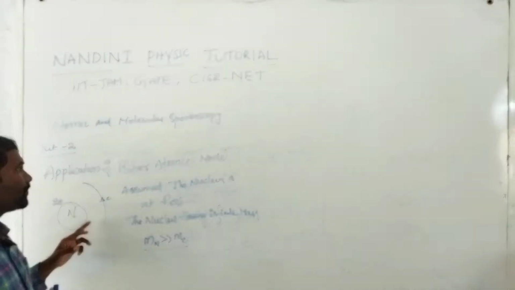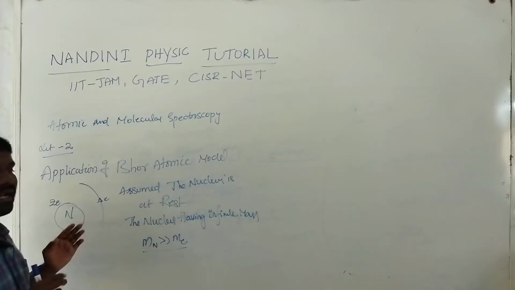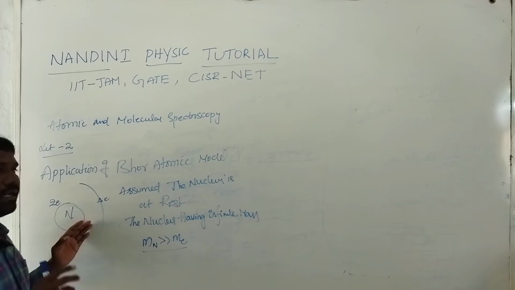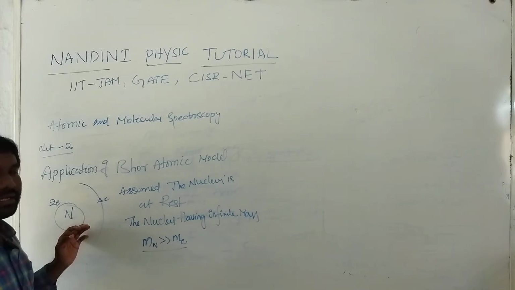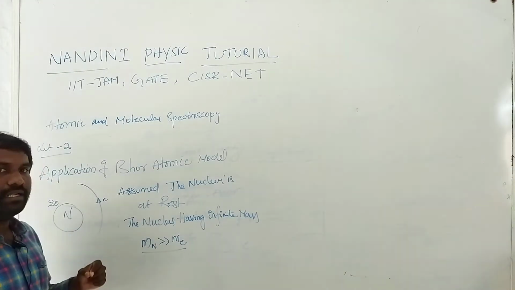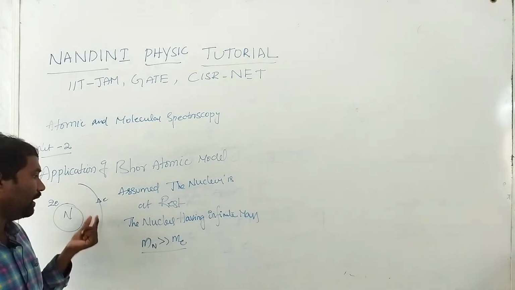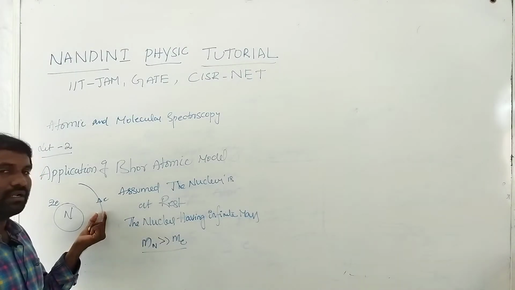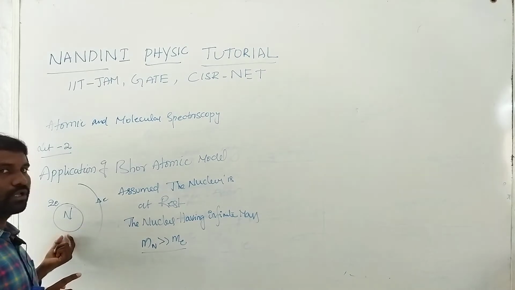Okay. After that, Bohr considered hydrogen-like atoms. He explained it through the hydrogen atom and hydrogen-like atoms, because in these atoms there is one electron in a fixed orbit.